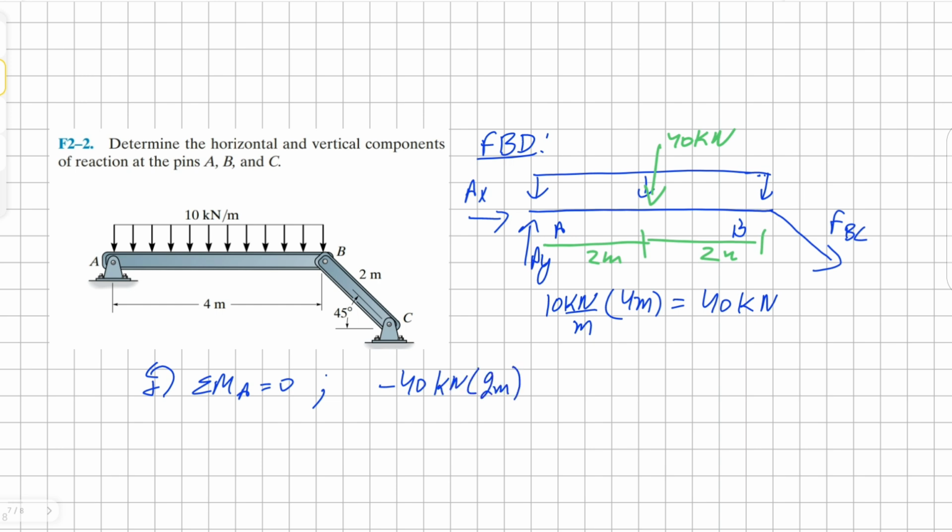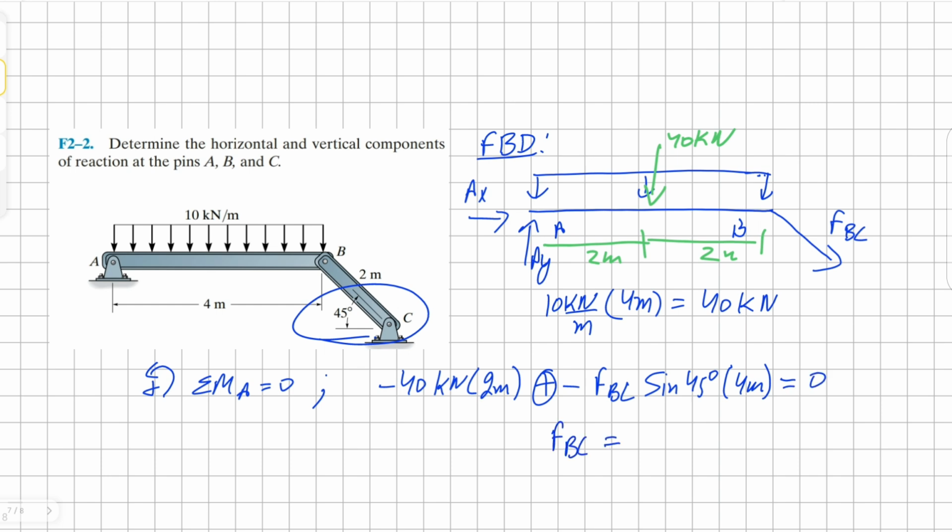And then we're going to encounter force BC in Y direction only because the X component is at the same height as our point A. So this is going to be negative force BC. We know that our force Y will be sine 45 times whatever the distance is between A and B, and it's 4 in this case, equals 0.